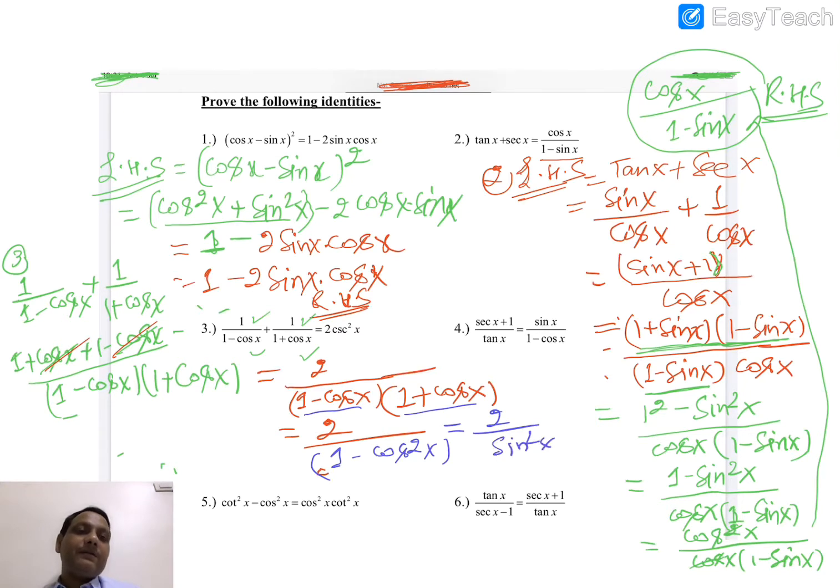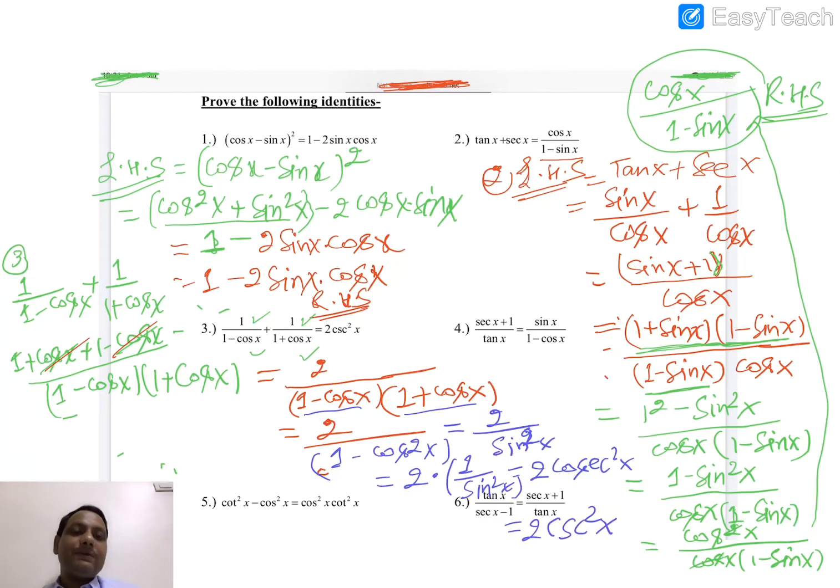Alright, so you got sin square x, then you can write here 2 into 1 over sin square x, and 1 over sin square x we can write as cosec square x, or people say 2 CSE square x.